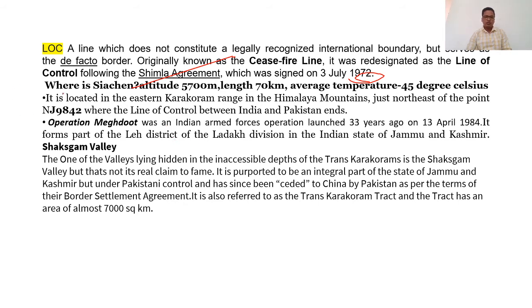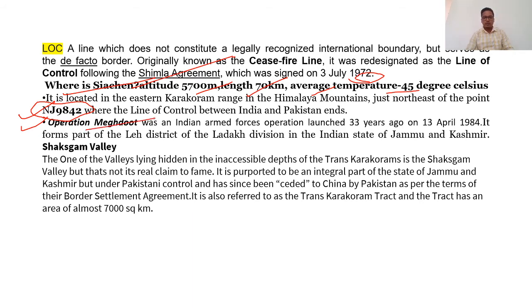Where Siachen Glacier is, it is about 70 kilometers in length on average, with temperature minus 45 degrees on average. The northernmost point where the India-Pakistan control ends is NJ 9842, which is very important. This is where the LoC ends.